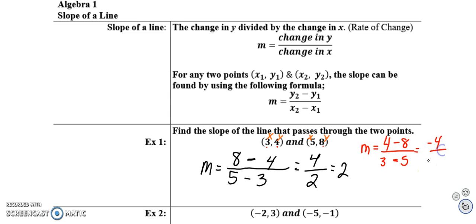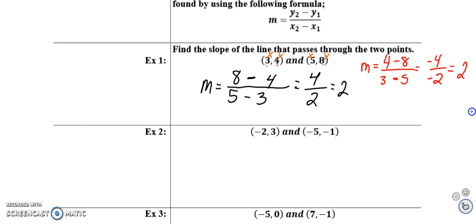So negative 4 over a negative 2, it's still 2. Remember, negative divided by a negative? Okay, that's it. That's all there is to it. Nothing else, nothing new. Nothing is different.